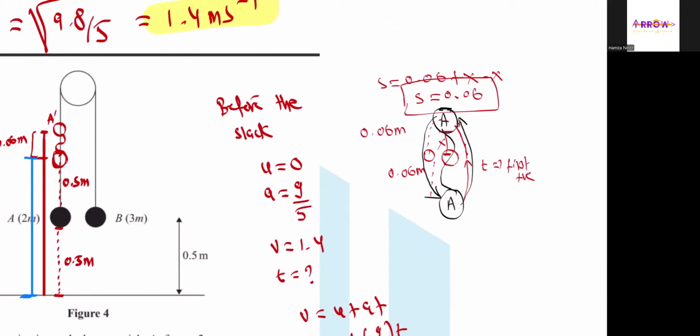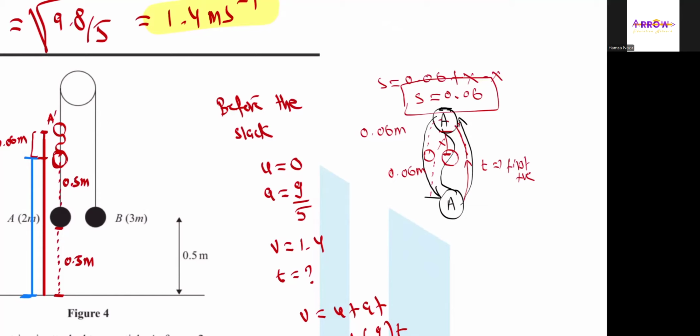The displacement, initial velocity, final velocity, and acceleration are all vector quantities, and we use these vector quantities in order to find the answers for the scalar quantities as well. So displacement is equal to 0.06 meter.